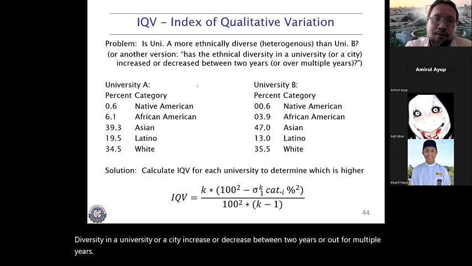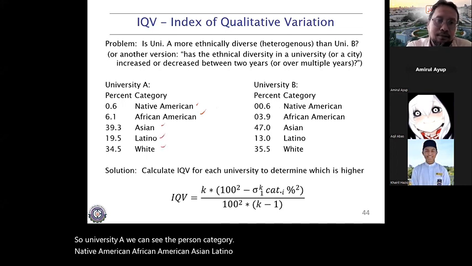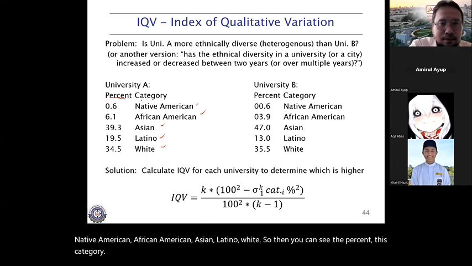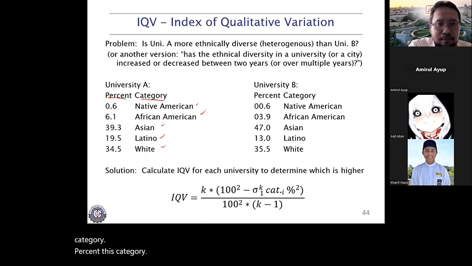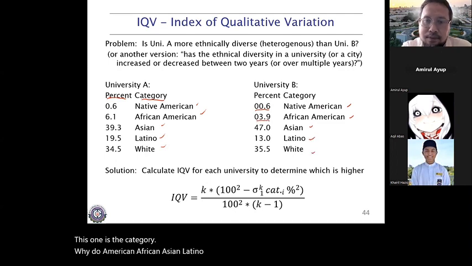For University A, we can see the percent for each category: Native American, African American, Asian, Latino, white. Then University B has its percent for the same categories.